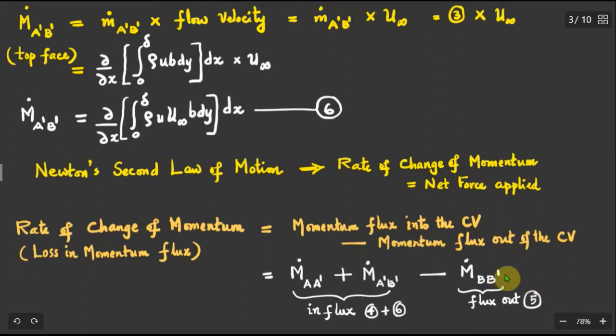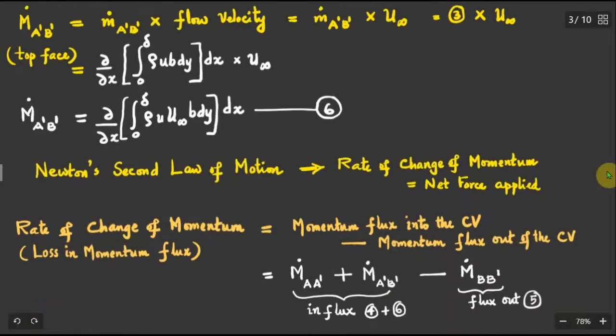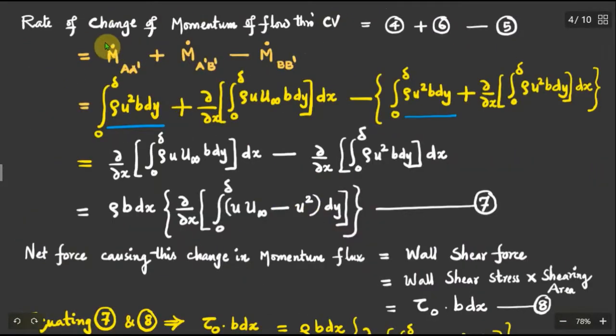Then the momentum flux out of the control volume is M dot B dash, given by expression 5. Now we will find the rate of change of momentum of flow through the control volume, that is expression 4 plus 6 minus 5.